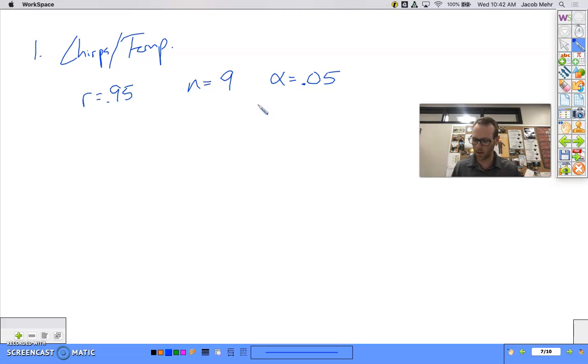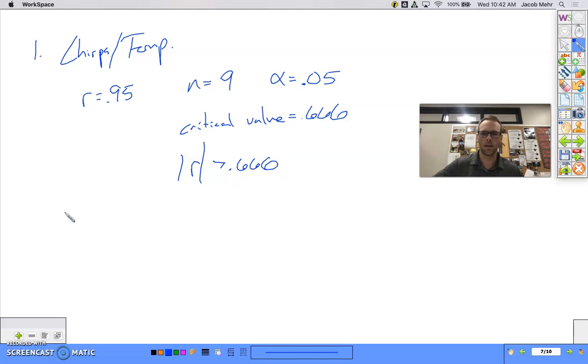So when we look at our table and we find 9 and go to 0.05, our critical value is equal to 0.666. Now our correlation coefficient was already positive, and the absolute value of our correlation coefficient, I'm just putting the absolute value in there just in case it's negative, is greater than 0.666. So what does this show us?